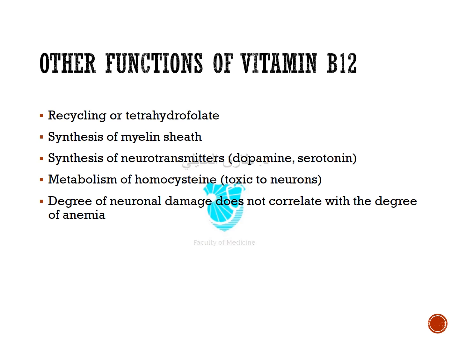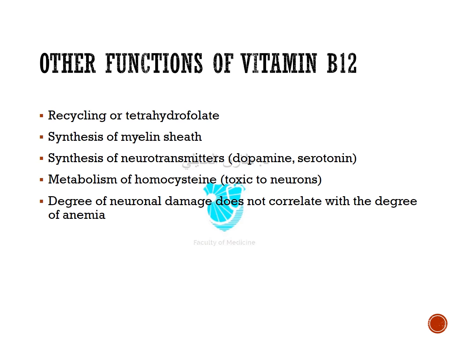Synthesis of neurotransmitters في البرين like dopamine and serotonin, vitamin B12 is important for them. And metabolism of homocysteine. Homocysteine is a metabolite that is toxic to the neurons. So when we have vitamin B12 deficiency, homocysteine will rise.